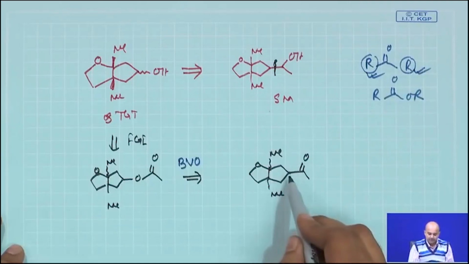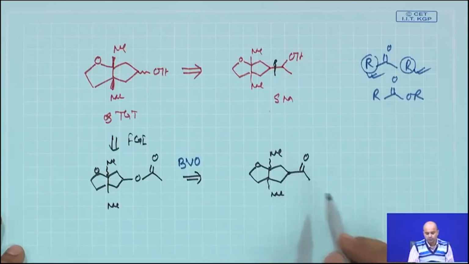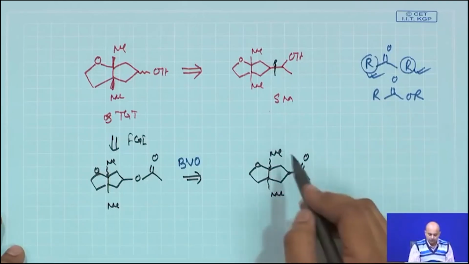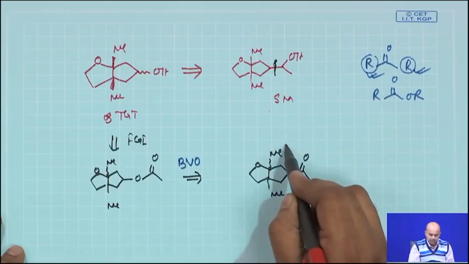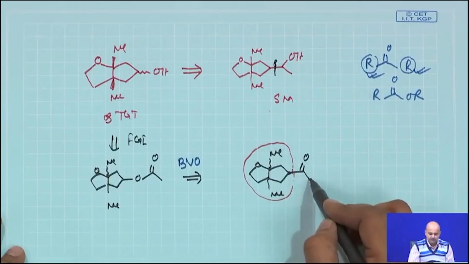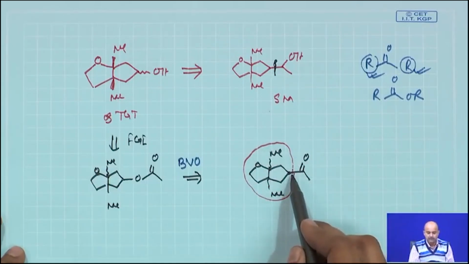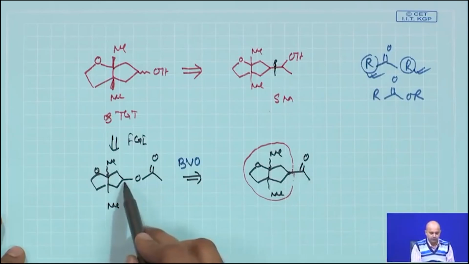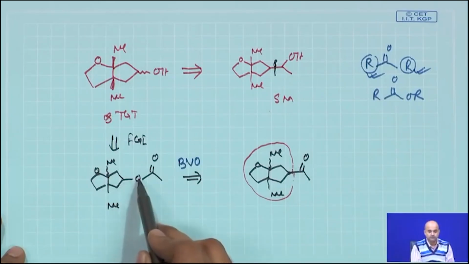Now, here this ketone has this group and a methyl group. This is the highly substituted group and methyl is a simple group. So, definitely this group will migrate towards the oxygen, and that is why this carbon oxygen bond connection was there.